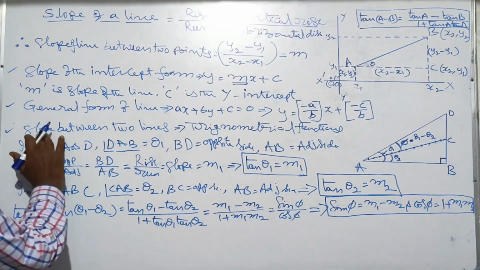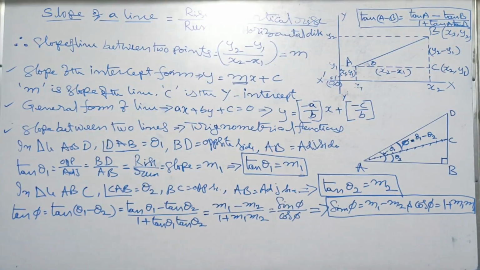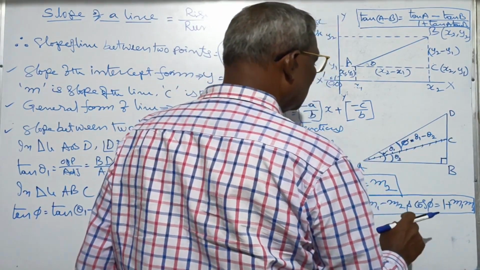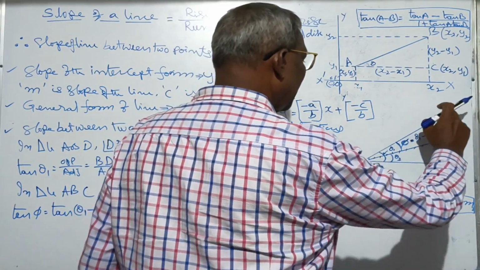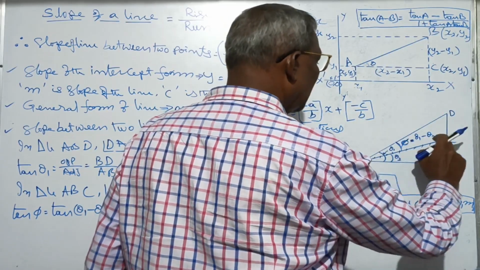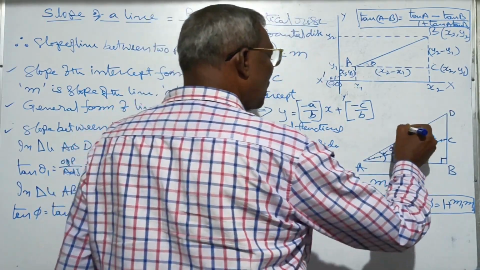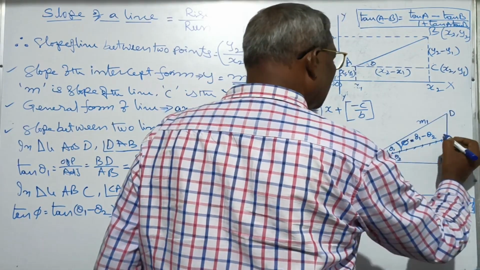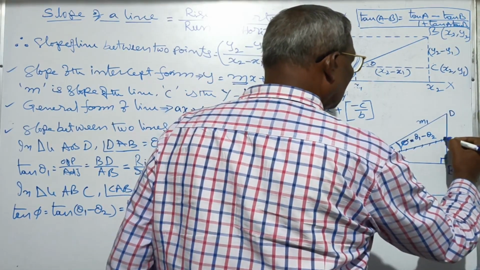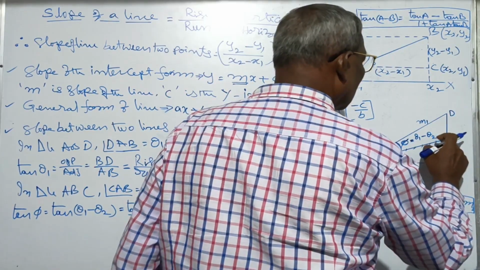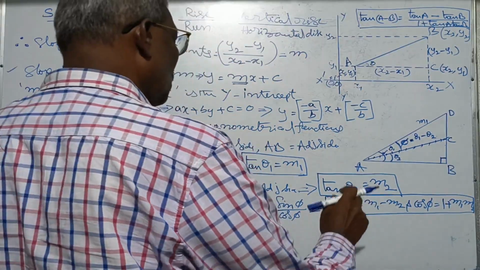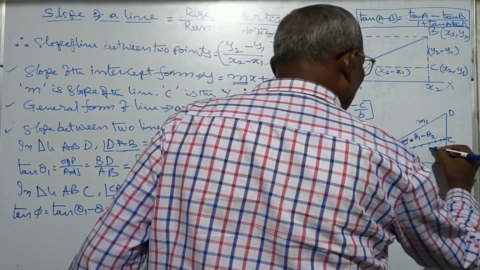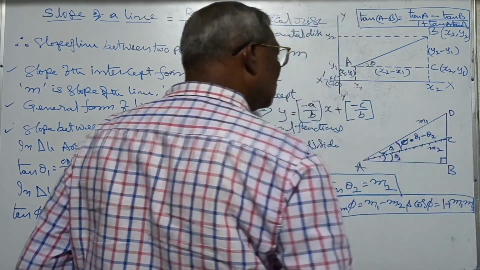Now, the slope between two lines. AD is one line, then AC is another line. The slope of the line AD is equal to M1, and the slope of the line AC is equal to M2.